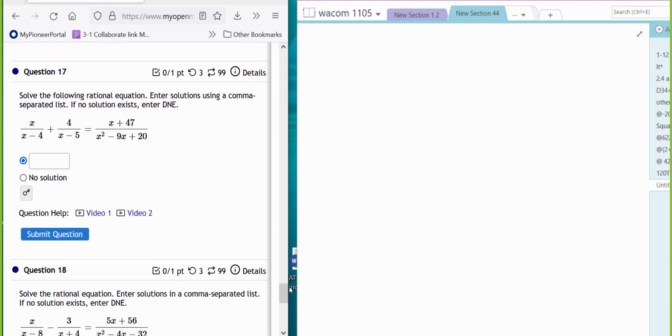I picked 17 out of these rational expression ones, so we'll look at it. And it is something you've done before, but just a reminder. It was kind of at the end of the intermediate algebra class when everybody's tired.